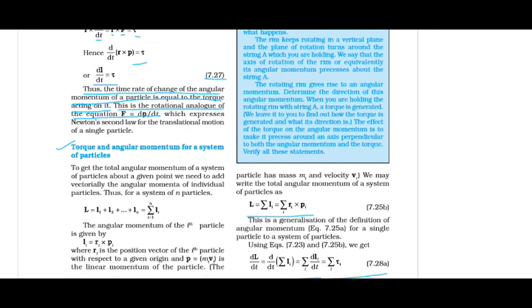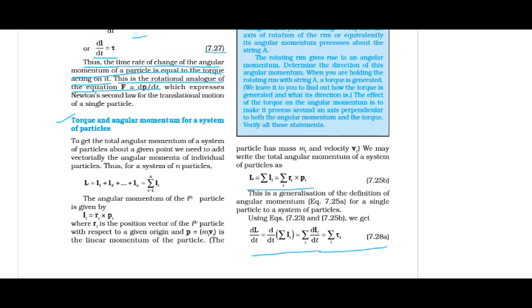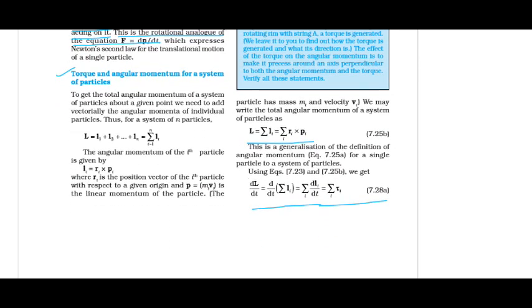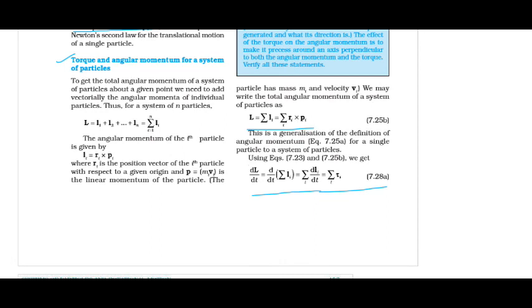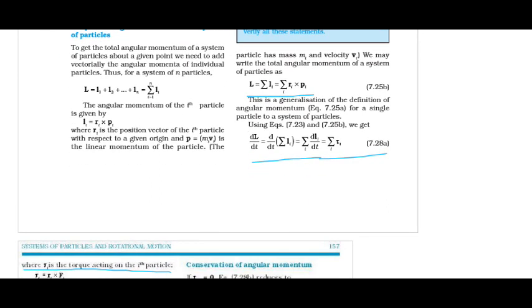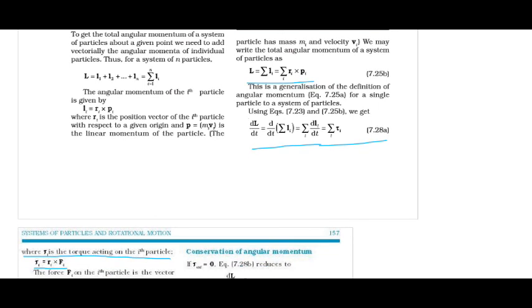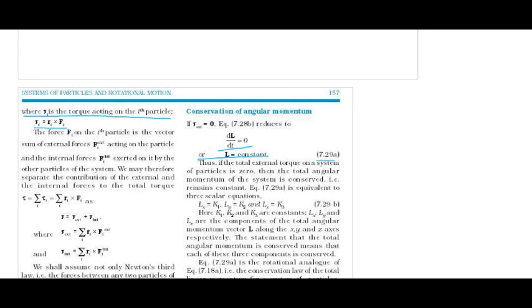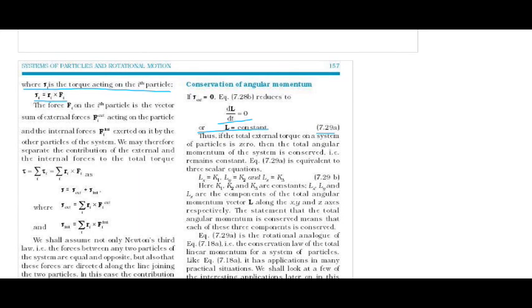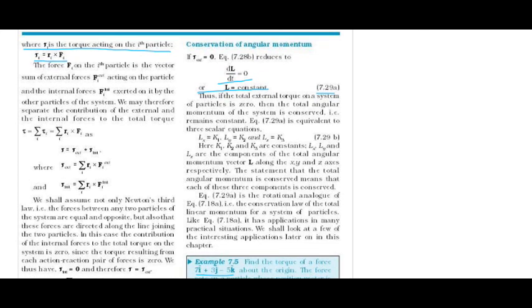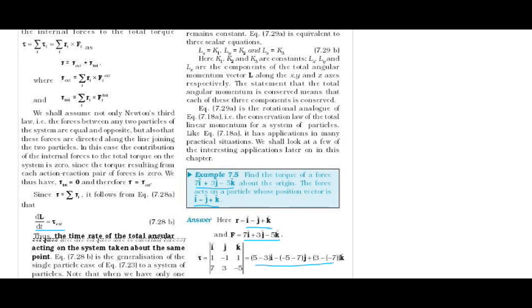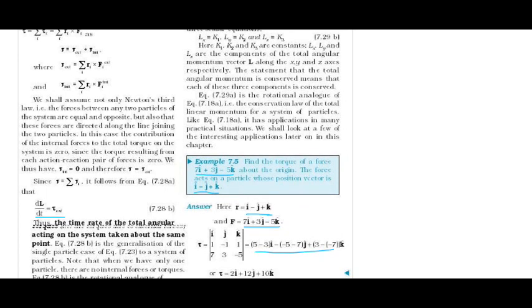Then, for torque and angular momentum of a system of particles, we found how the equation of torque can be applied to a system of particles. So we found tau is equal to position vector r cross force. Again, the magnitude of tau is equal to r F sine theta, where theta is the angle between force F and position vector r.